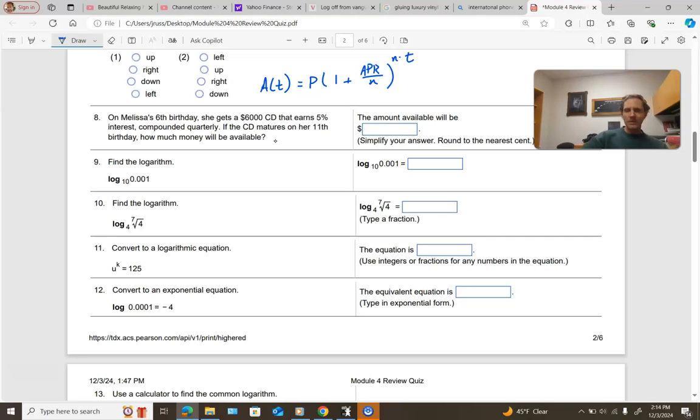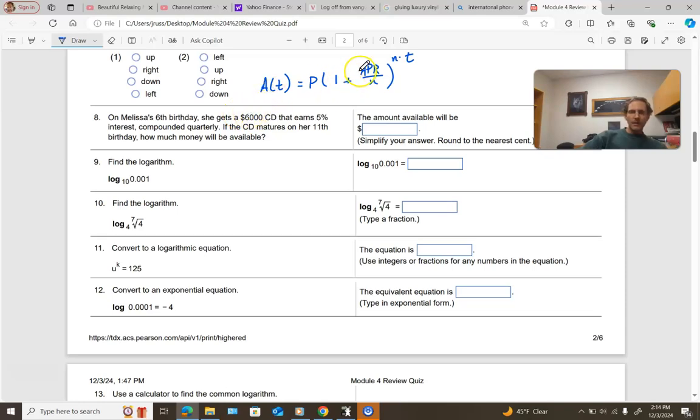So it's an exponential function because our variable here is t, and it's in the exponent's place. So all you're going to do is plug the values into these parameters and evaluate it.